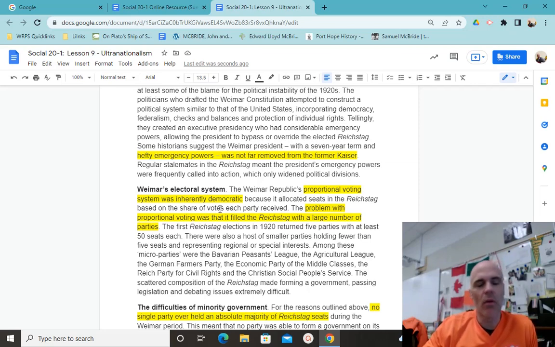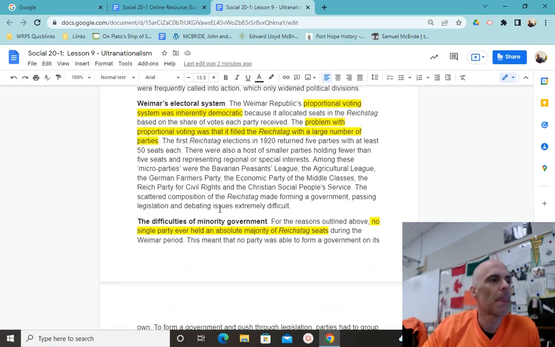So for the Weimar Republic electoral system, you didn't have to win any riding. All you had to do was have one-fifth of 1% of the popular vote for the entire country to get one of the 500 seats.